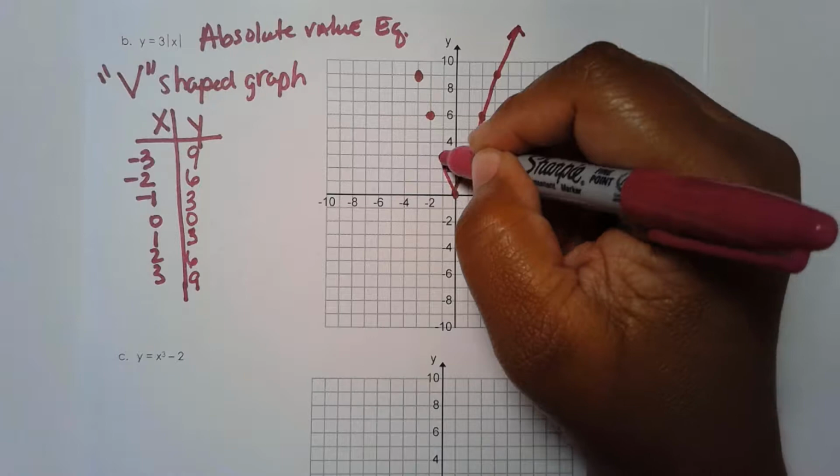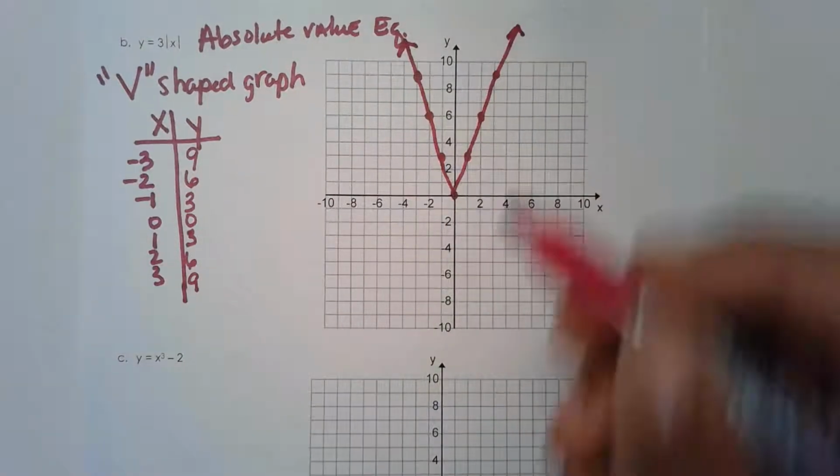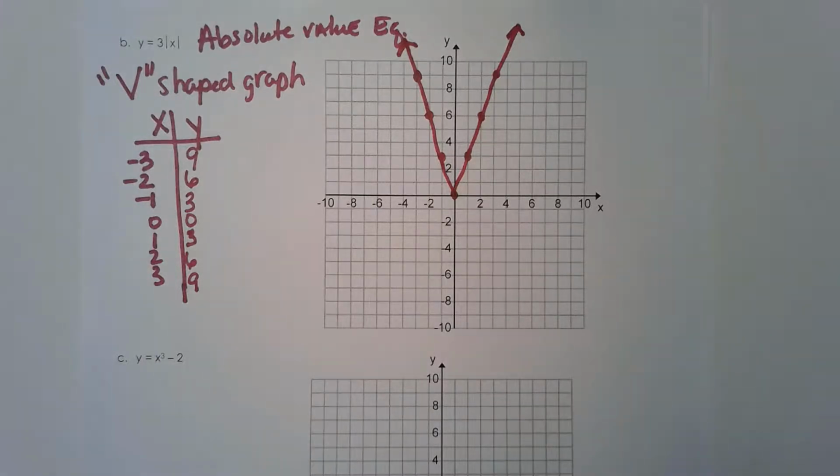And we're going to be talking about the different types of graphs and how they translate, how we're going to do some transformations. If it shifts up, down, left, right, if it shrinks, if it stretches, if it reflects about the x-axis, y-axis.